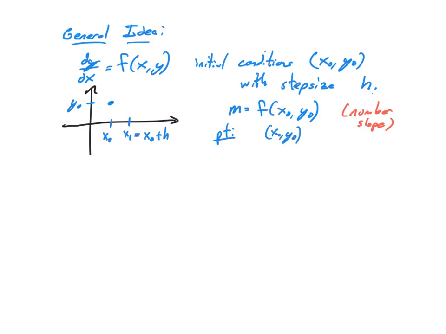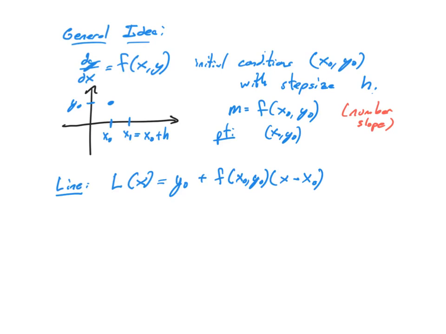And from that, we're going to create a line. We're going to have L of x equal to y naught plus the slope times x minus x sub naught.